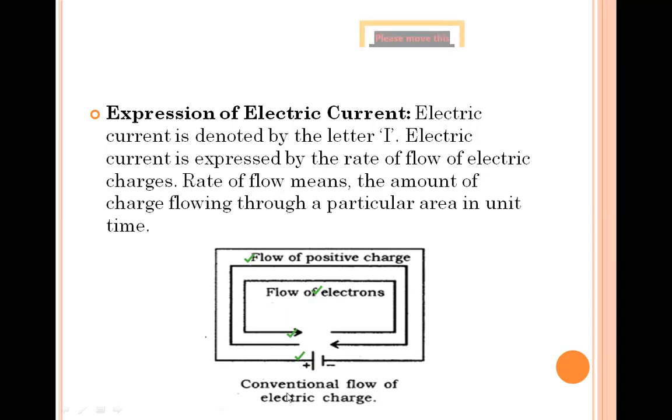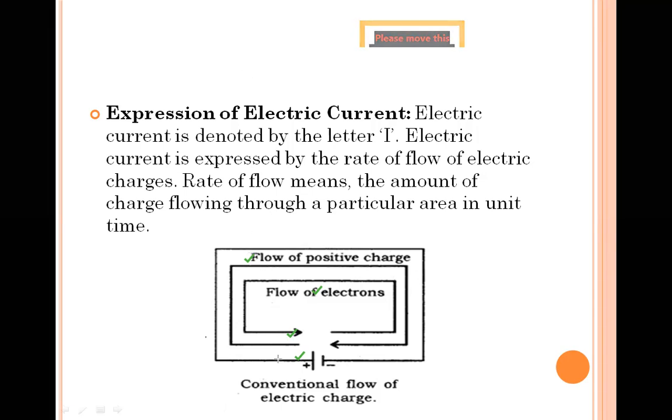And this is written as the conventional flow of electric charge. Conventional means that it is our convenience. We studied that the current flows from positive to negative direction, that is the direction of current.